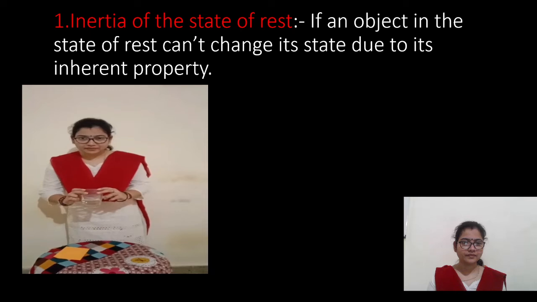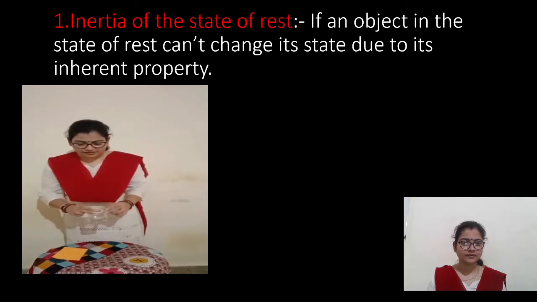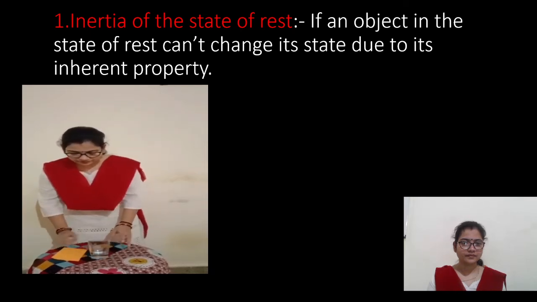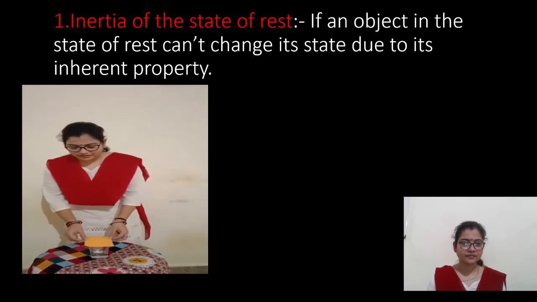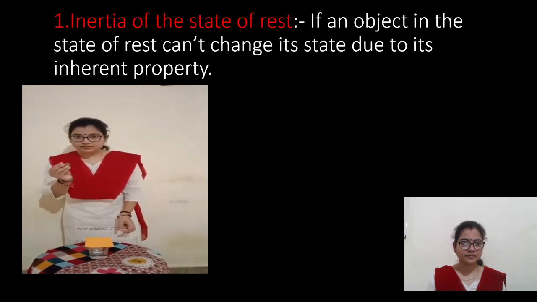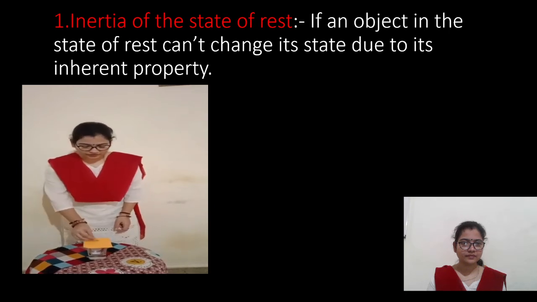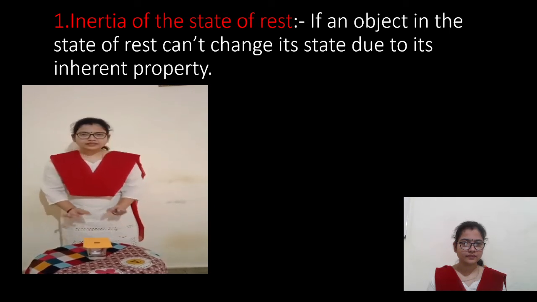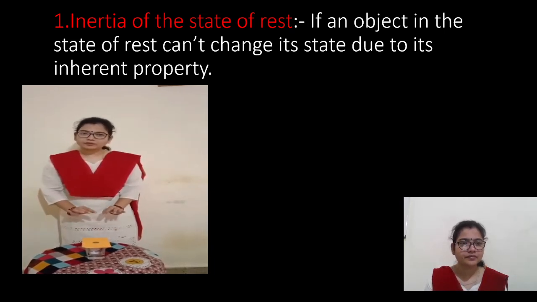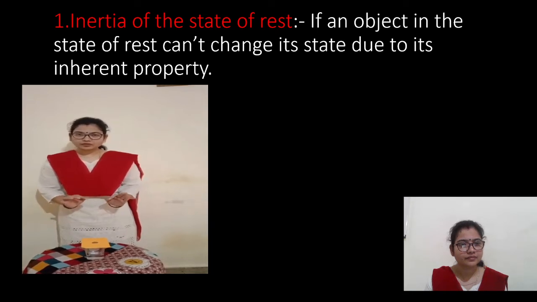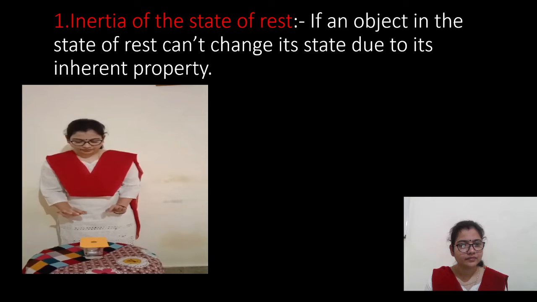For this experiment, I will put this glass over this table. Now I will put this cardboard over this glass. Then I will put this 5 rupees coin on this cardboard. See here, students, now both are at rest. This coin and the cardboard are both at rest.